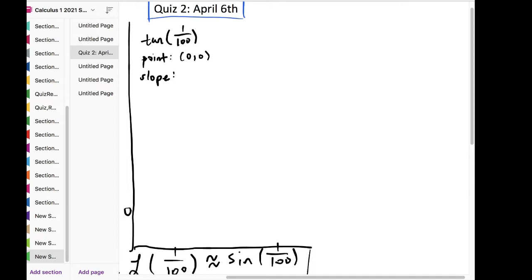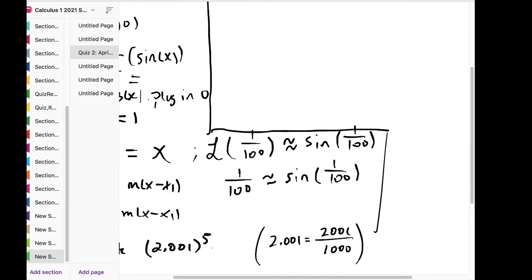Oh, actually, before we start, can someone plug in sine of 1 over 100 into the calculator? And make sure you're in, actually it wouldn't matter, degrees or radians, because they're both close to 0.